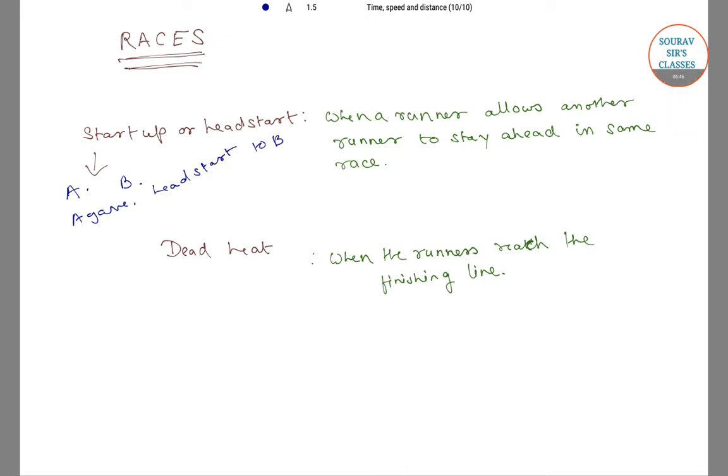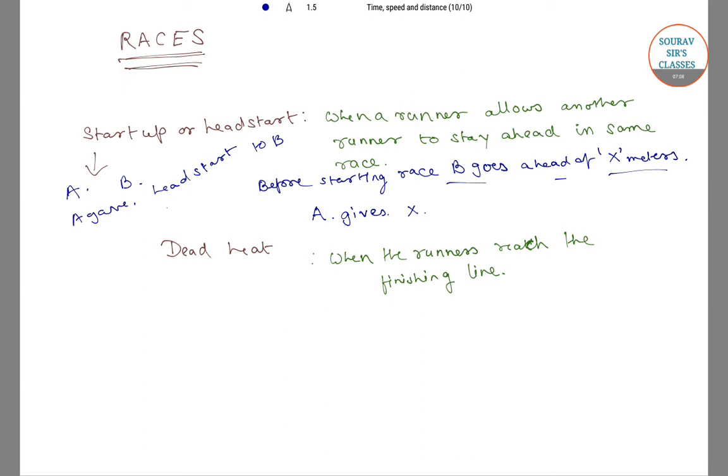Now if before starting the race, B goes ahead of the starting point by X meter, then it is said that A has given, or A gives X meter head start to B. Or that B has a startup of X meter.